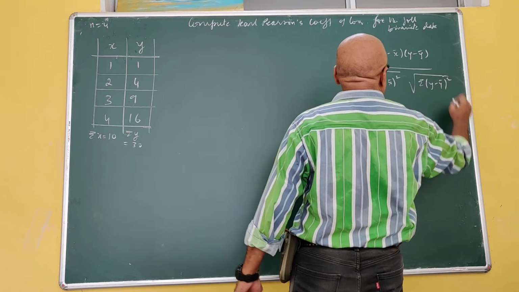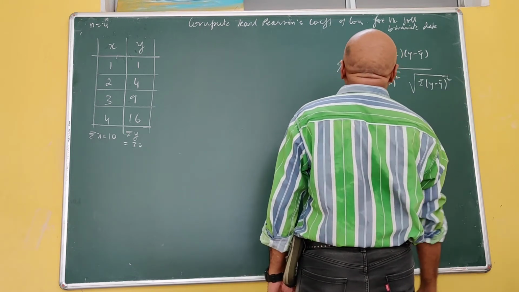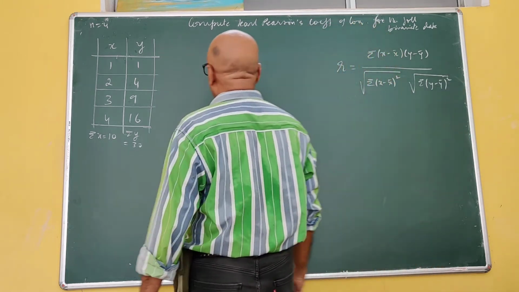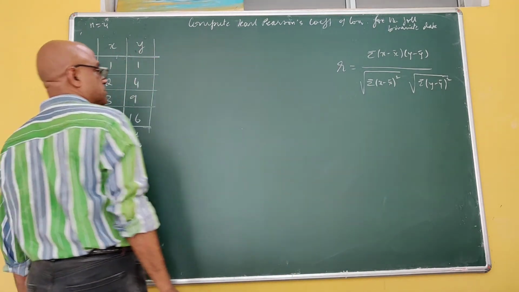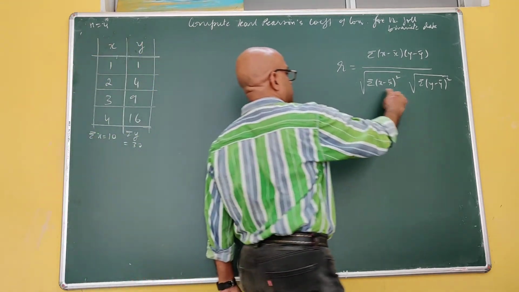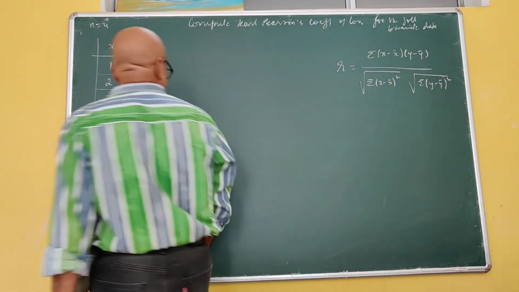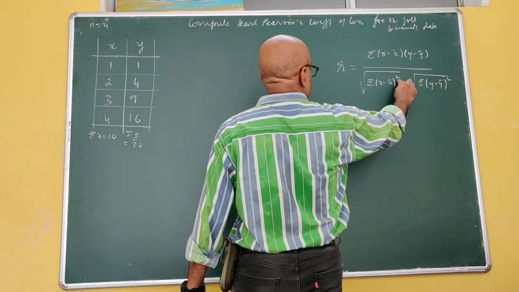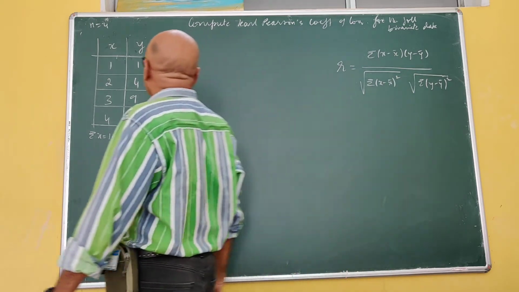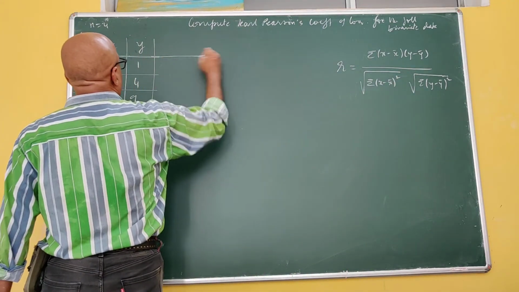Generally, the first formula is easier to calculate, I think. So I have ignored n because there was a divided by n here, there was a divided by n, but there is also divided by n and it goes off. And as I said, you must take care, you can't cancel square and square here. That care you have to take.